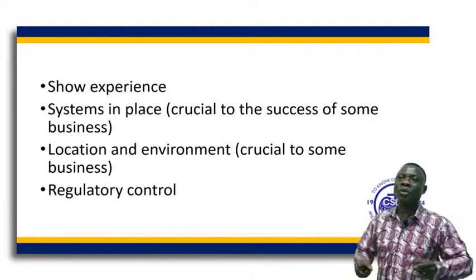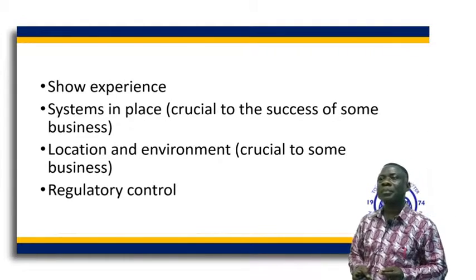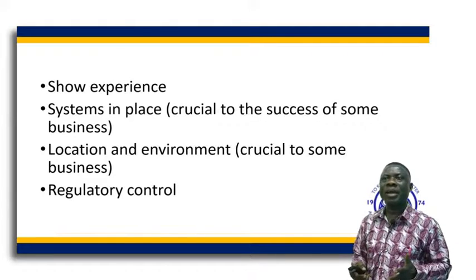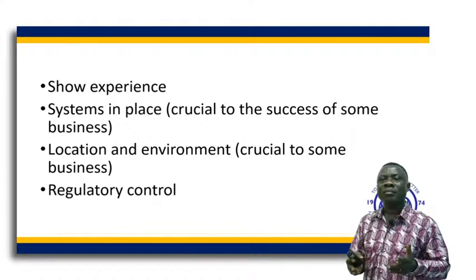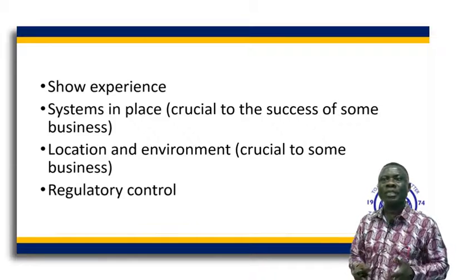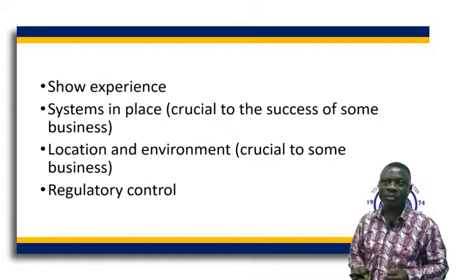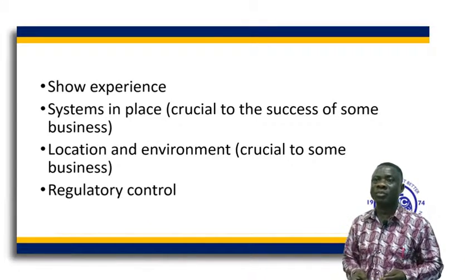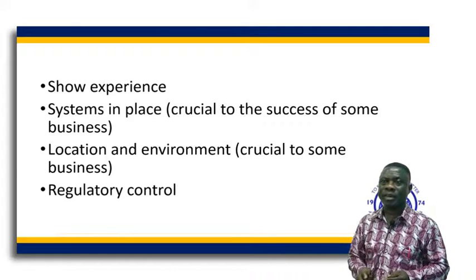Now, for most of these intangibles too, there are regulators. So if you are to succeed, you have to make sure that you stay within the regulatory controls put in place. You have to probably go for a permit or a license before you can operate, right?